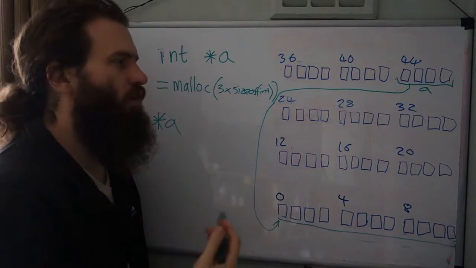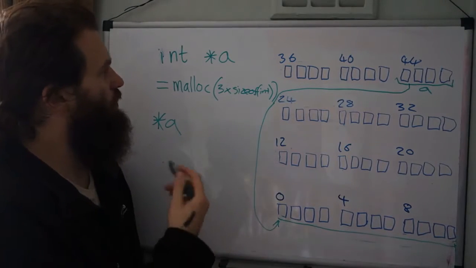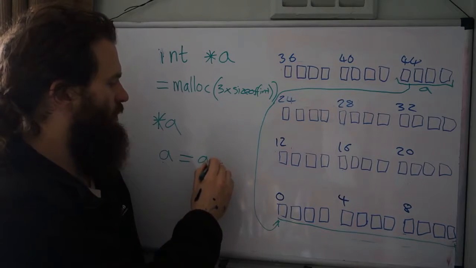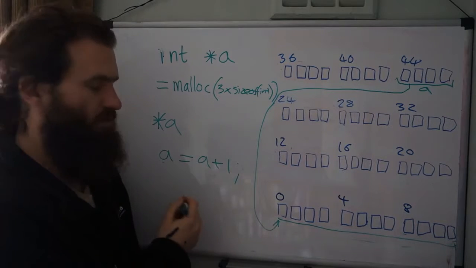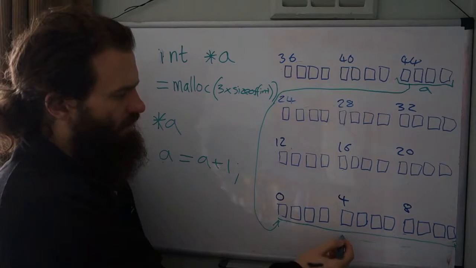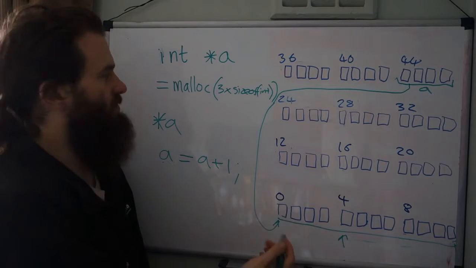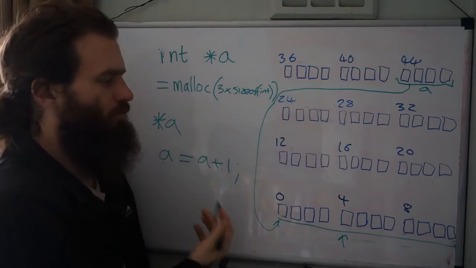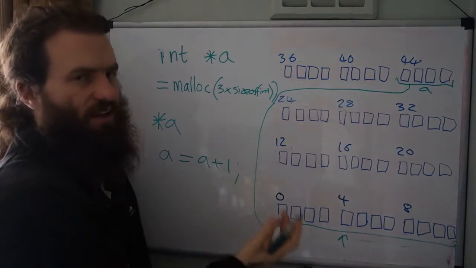And you can behave like an array and do address arithmetic on pointers. So you can say A equals A plus 1, or A plus equals 1, or A plus plus, and then A will now point to here. Because it knows that the size of the pointer type is an int, when you add 1 to the pointer, you don't add 1 byte to the address value.